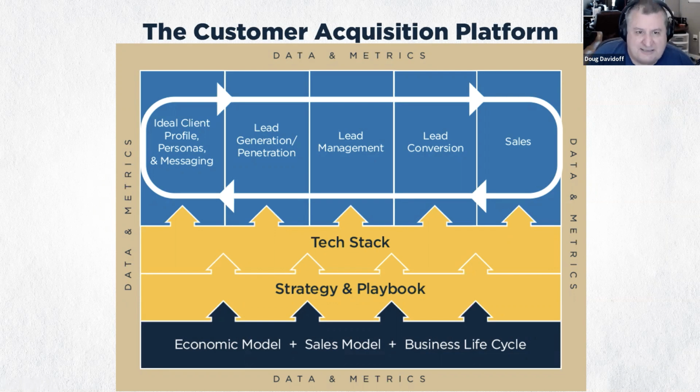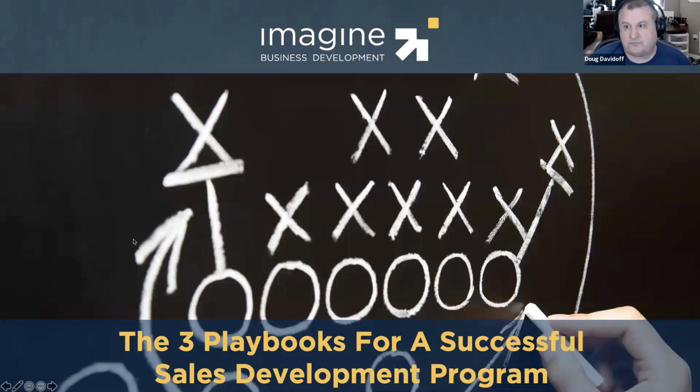Now today we're going to telescope on these 2 areas within the customer acquisition process. Lead generation, lead penetration into lead management, and that lead conversion is kind of where the sales development or prospecting stage ends. But keep in mind, while that is a core part of the customer acquisition process, for it to work, it has to be built on a continuous improvement, continuous feedback system.